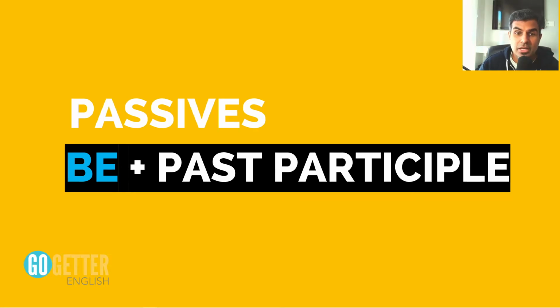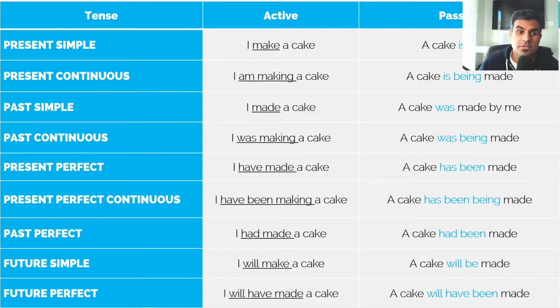So let's take a look at some of the most common forms in these tenses. Like the present simple, the verb to be is, or are if it's plural. Present continuous, don't forget to use is being. Although it sounds a little odd, it is very common. All right, my room is being cleaned right now. All right, somebody is cleaning my room. Of course you can say that, but you wanted to focus a little bit on the room rather than on who is cleaning your room.